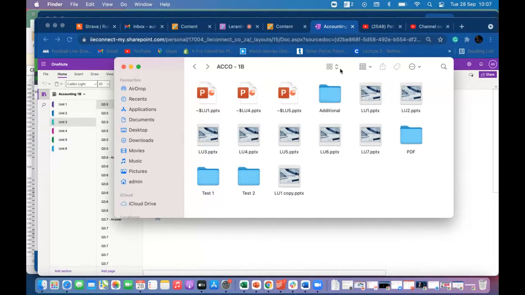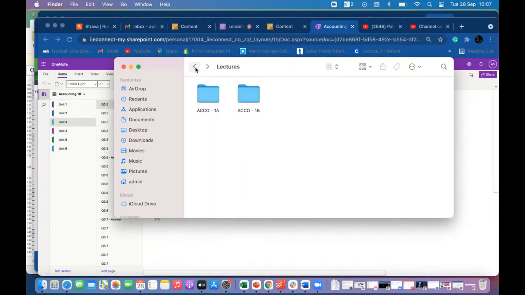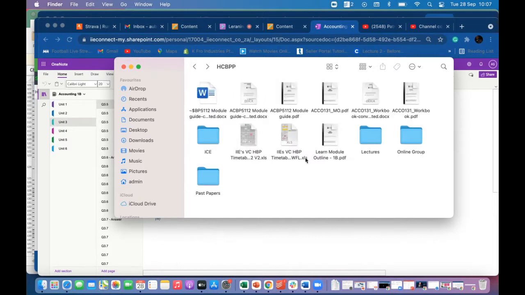Again, if we could just flip to 5.1. I want us to do 5.1 and 5.3 today for class.